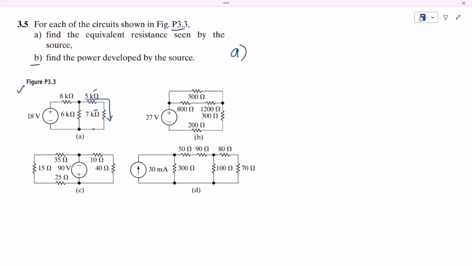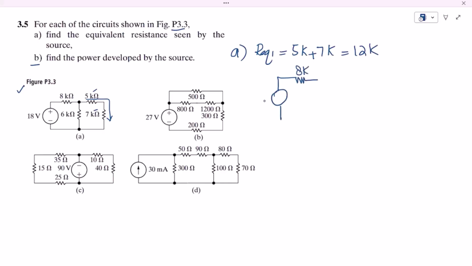For two resistors in series, their equivalent resistance is added together. So if this is our equivalent 1, the resistance will be 5K plus 7K, this is 12K.